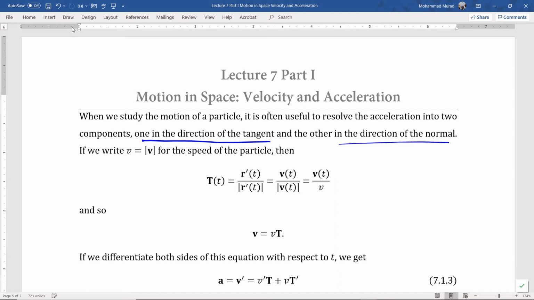If we write the speed of a particle as v, then the tangent vector is given by the ratio of the vector r prime over its magnitude, and by writing the speed v as the magnitude of the velocity vector, we obtain this expression. Therefore, the velocity of the particle is equal to the speed times the tangent vector.